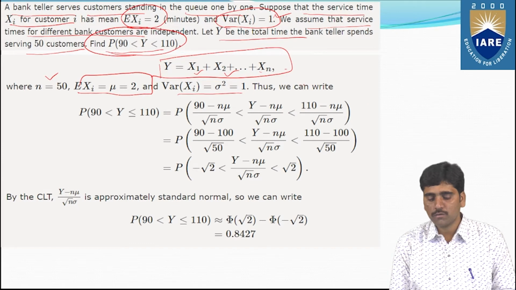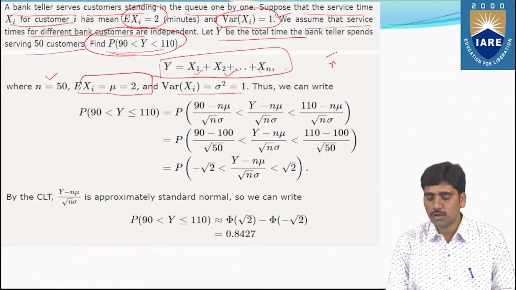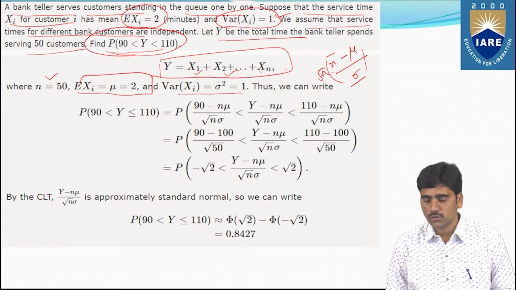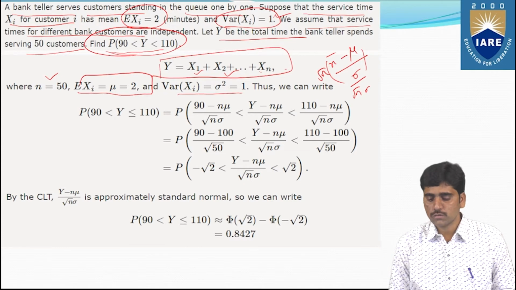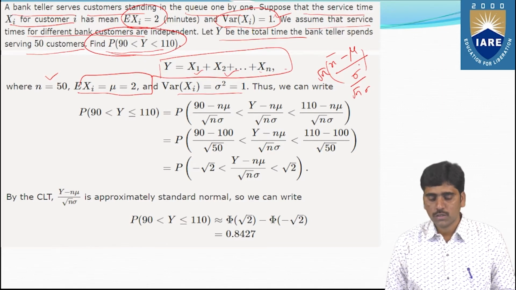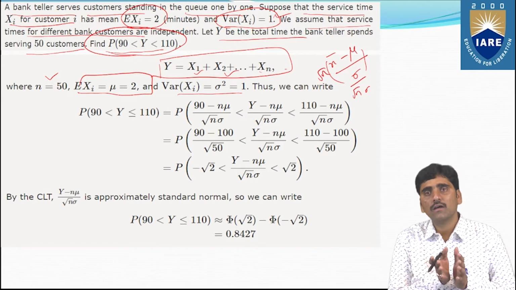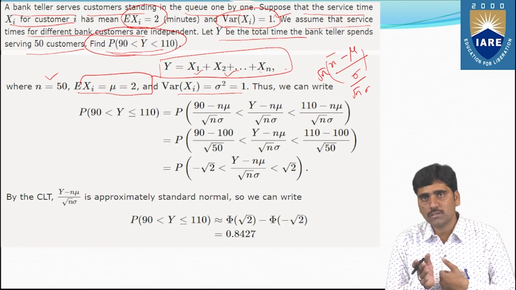Thus we have to substitute all these values into the formula, which is (X bar minus mu) by (sigma by root n), or you can write it as root n sigma as well. We need to find the normal distribution range for 90 to 110 minutes.